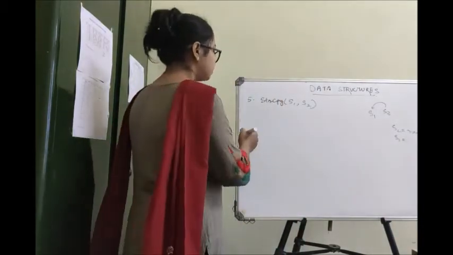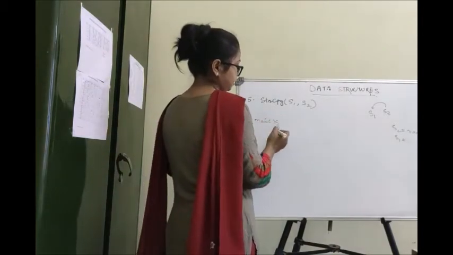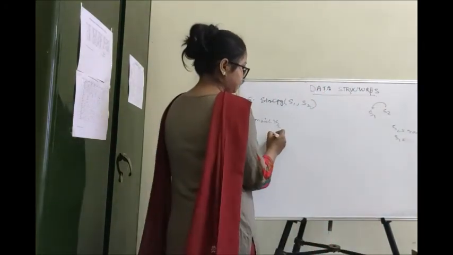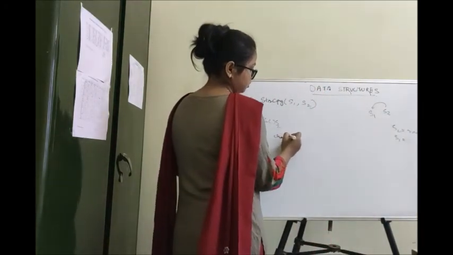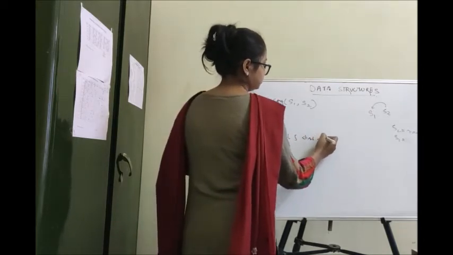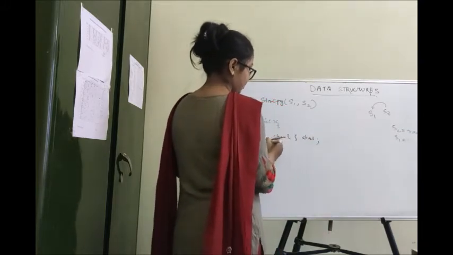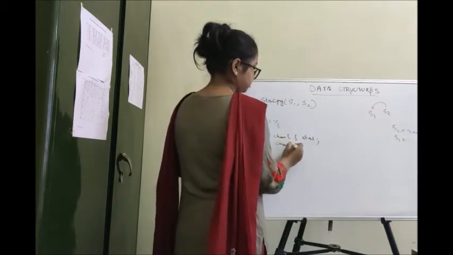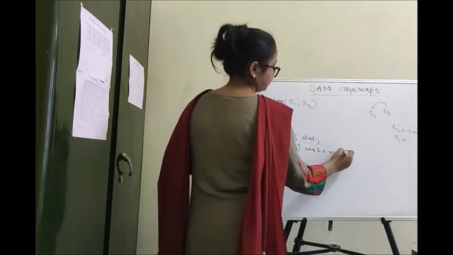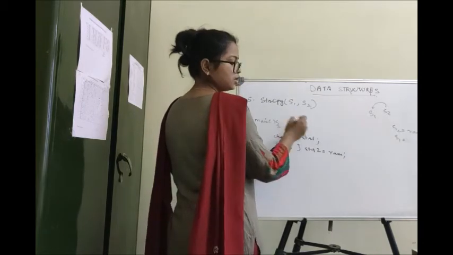So I will show you through the program. I am calling main. In main, I am taking a character string, char str1 is equal to nothing. Character str2 is Ram. I want to copy this to string 1 as well.